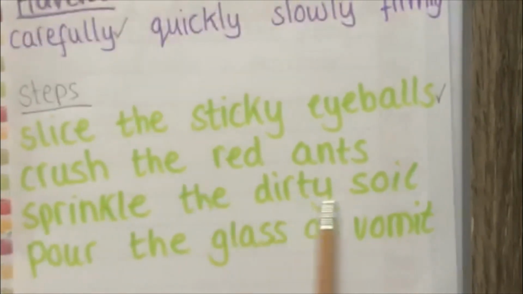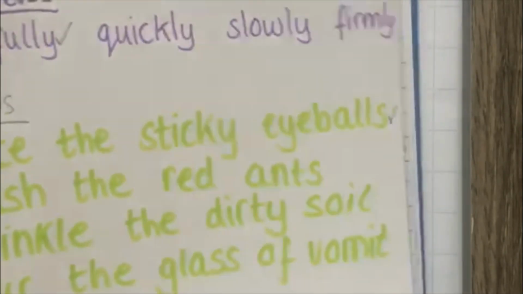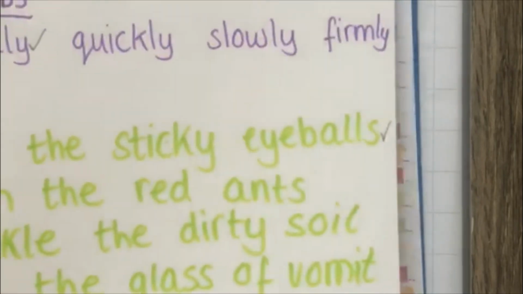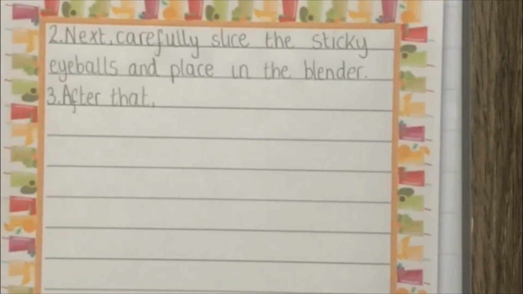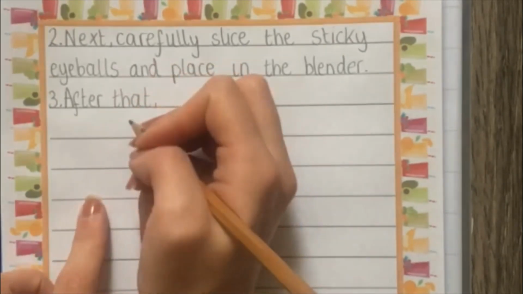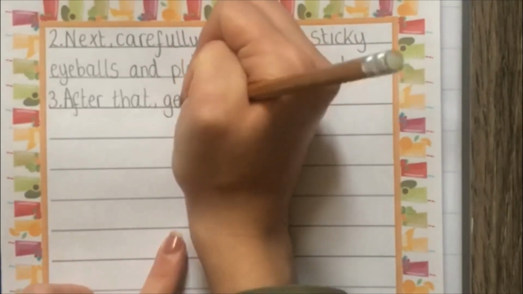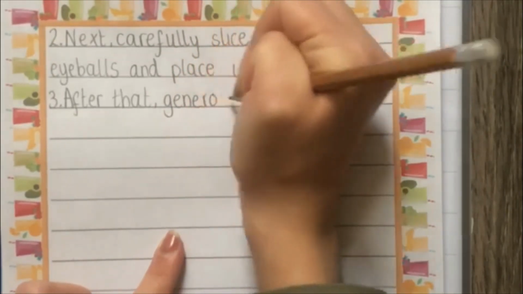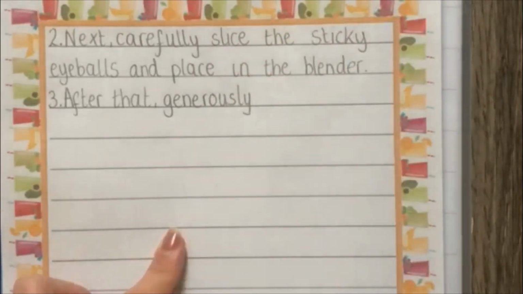I want to sprinkle the dirty soil, and then I can look for an adverb to describe how I'm going to sprinkle the dirty soil. I'm going to sprinkle the dirty soil generously, which means I'm going to sprinkle lots and lots to make it very disgusting. So after that, I have my adverb generously. It's an adverb. I'm going to have ly at the end.